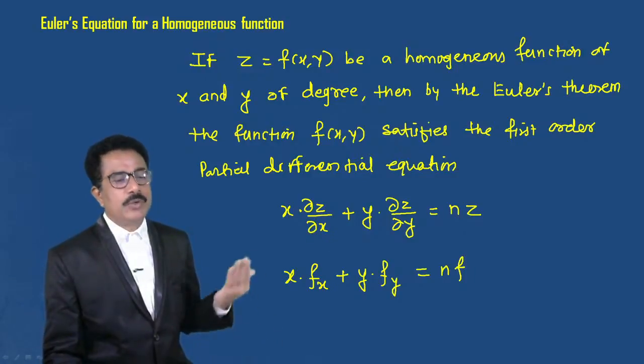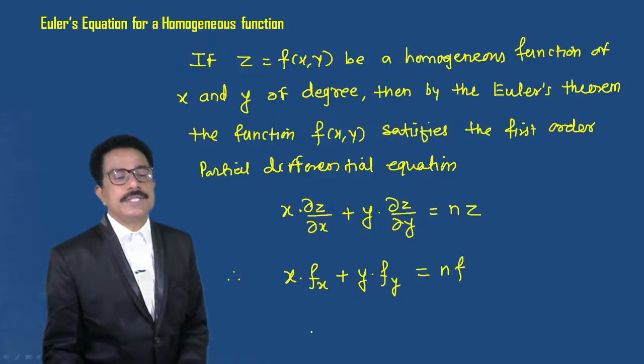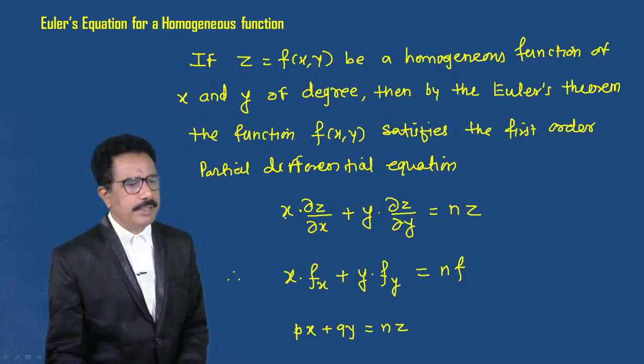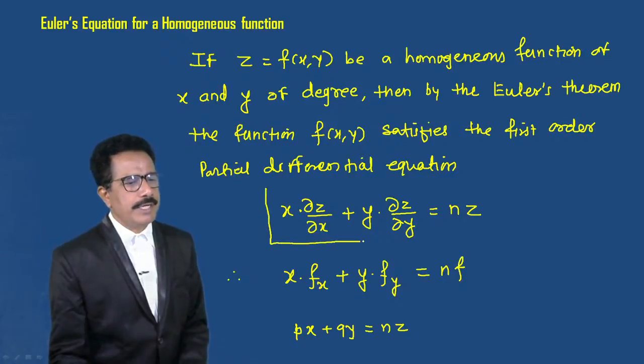Or we can write dou z by dou x denoted by p, so we can write px plus qy equals nz. This is called the Euler's condition.